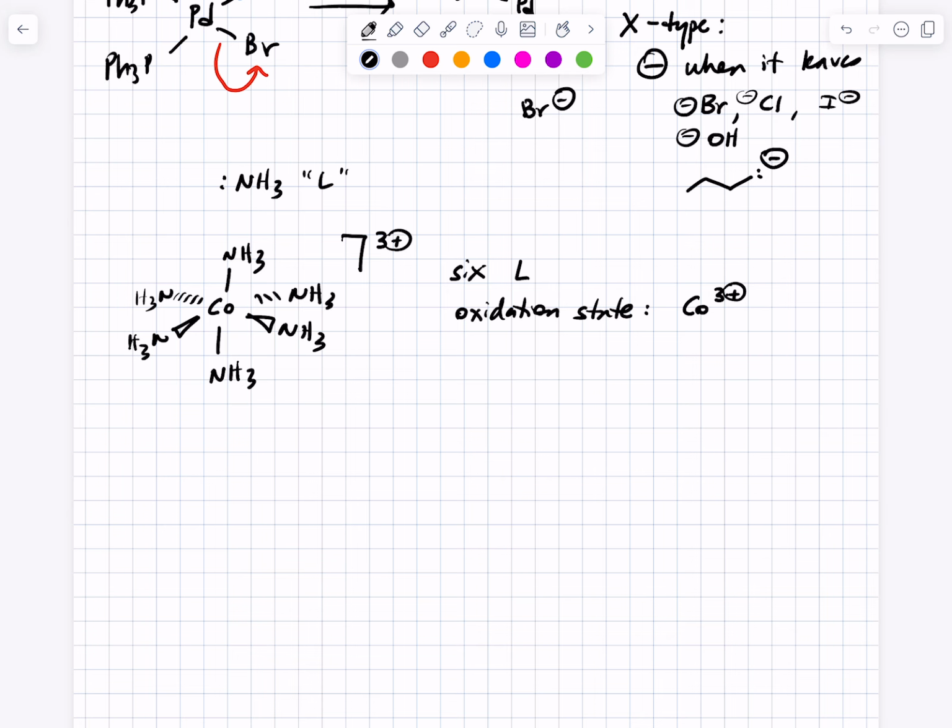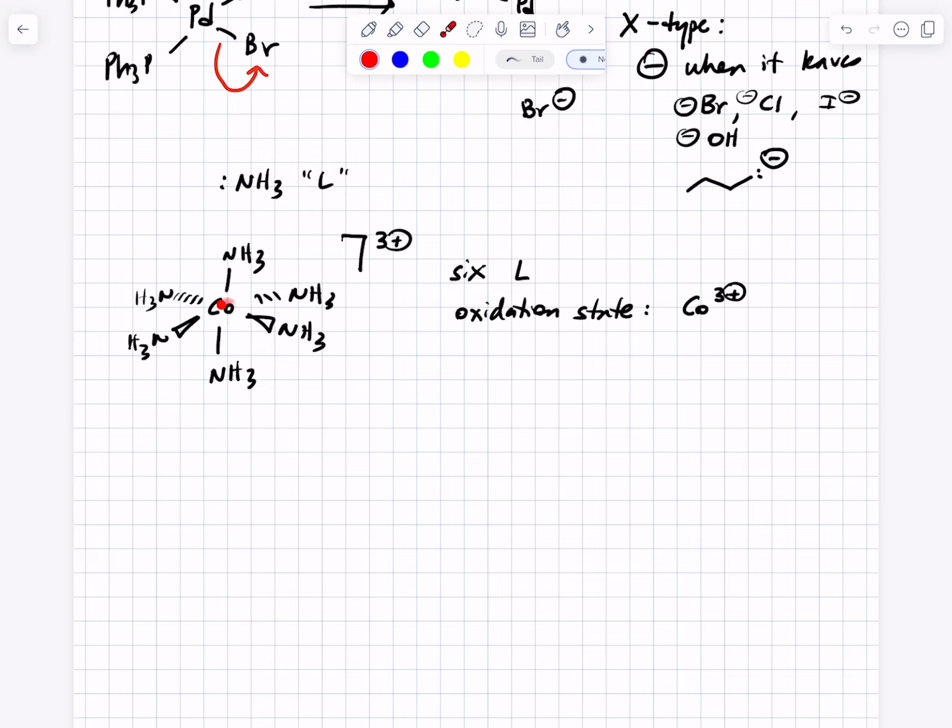Now we can determine how many electrons cobalt has, knowing that all of the electrons in the metal ligand bonds belong to the ligands. So what we're asking is basically how many d electrons cobalt has. Nobody thinks of d electrons on metals as lone pairs, but that's one way to think of it if you want to.